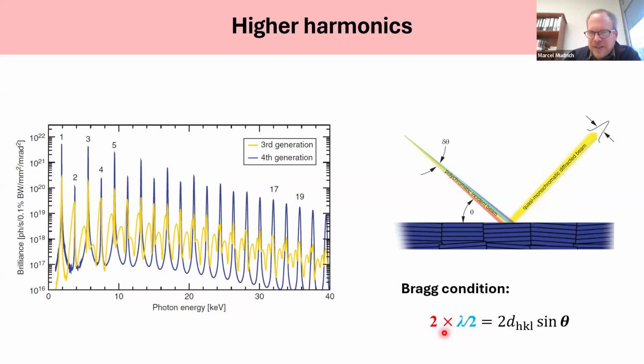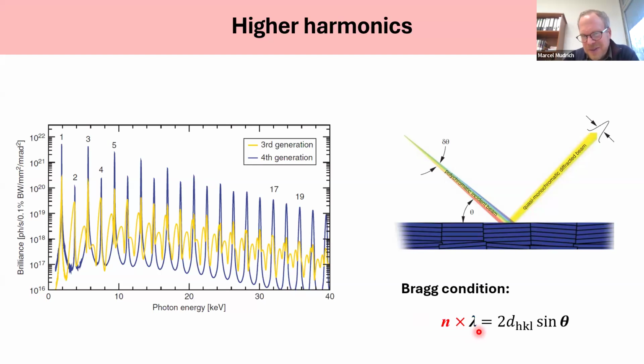And that means that if in our incoming beam there is a component present with half the wavelength, then the same Bragg condition is fulfilled for the second diffraction order for half the wavelength, right?